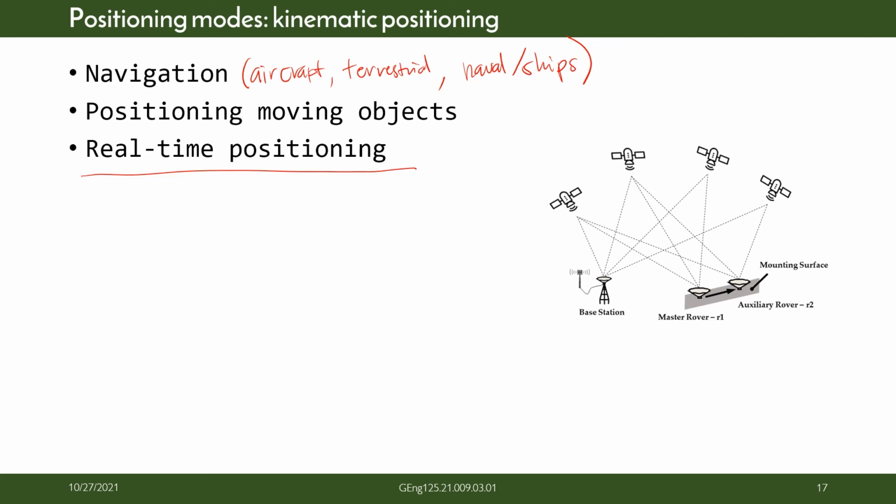The difference is that static is not moving and kinematic is moving, but this is still accurate. When we talk about millimeter accuracy, here we have centimeter or millimeter accuracy.